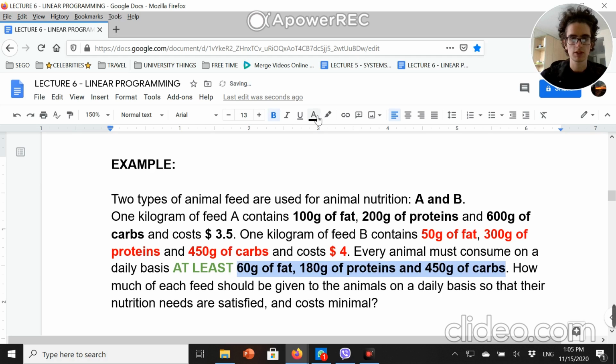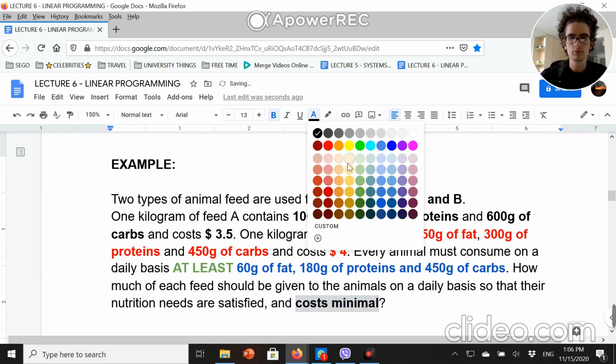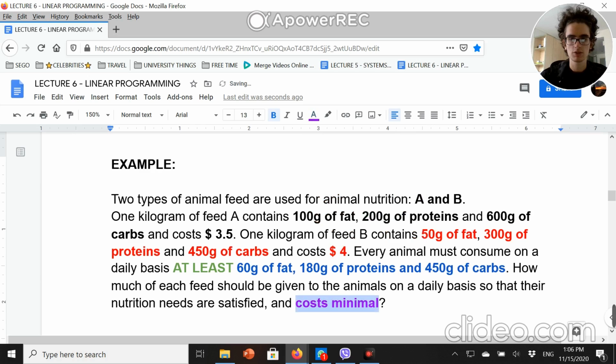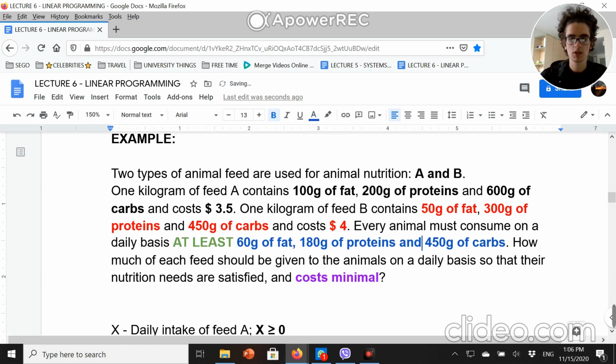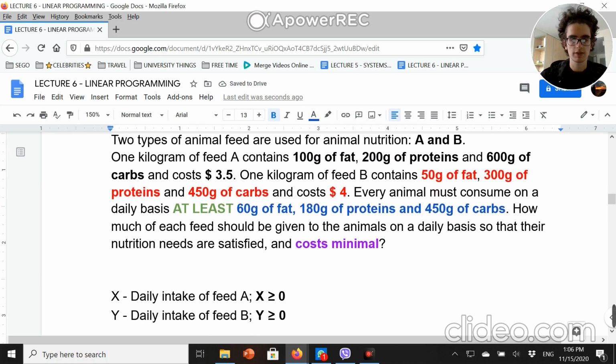So let's color it blue. And now the question is, how much of each feed should be given to the animals on a daily basis so that their nutrition needs are satisfied and costs are minimal? Okay, let's use this color.